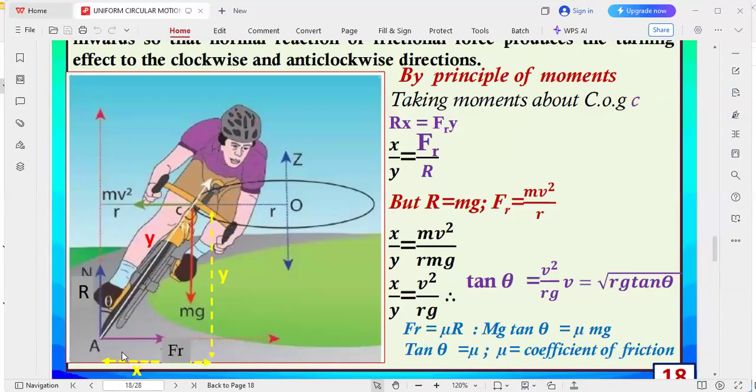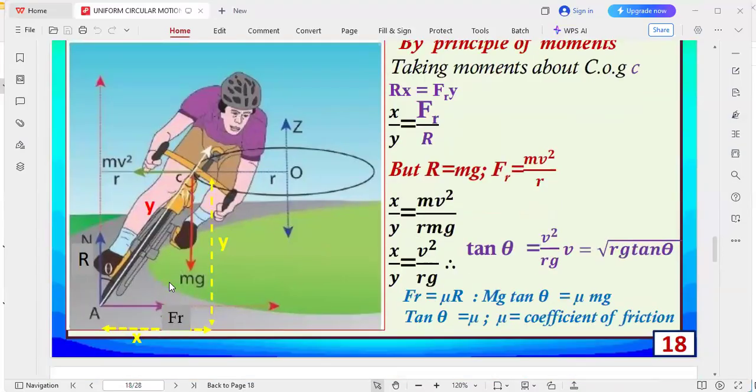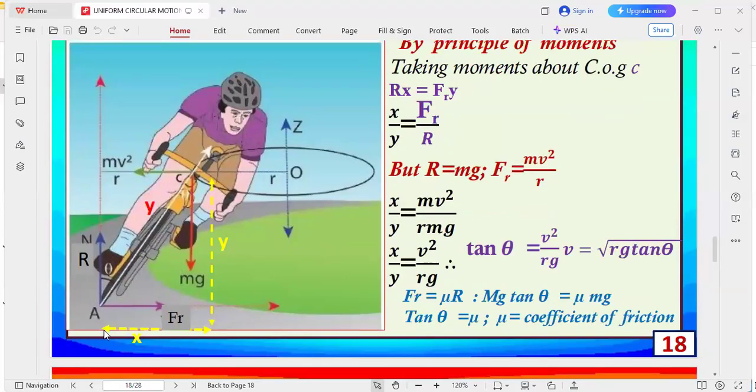Then the anti-clockwise force is the friction force here. So R multiplied by its distance from the pivot is this distance here. I don't know if you can see X. X has been written down here on the yellow line.